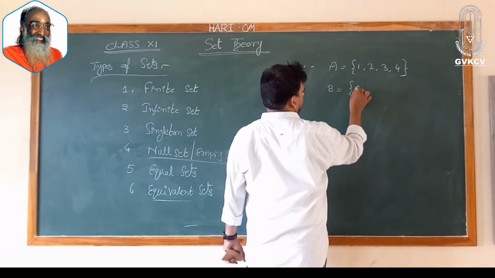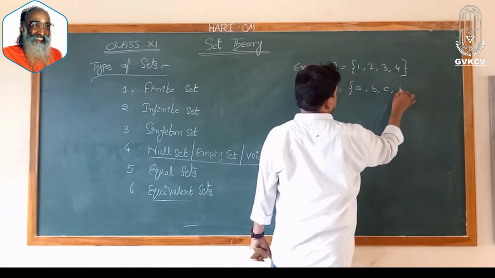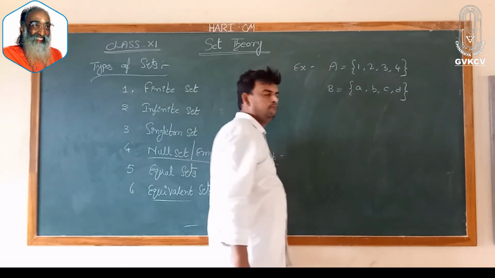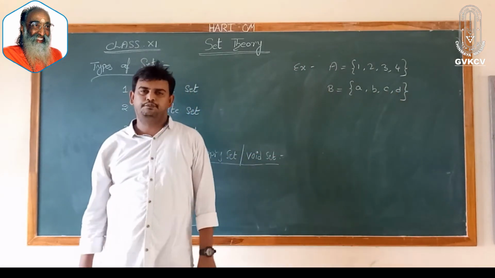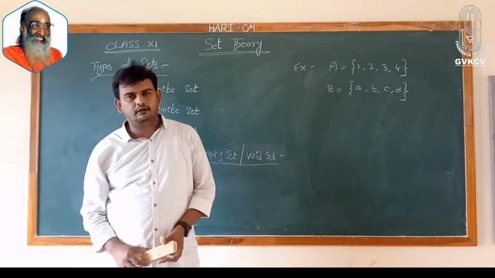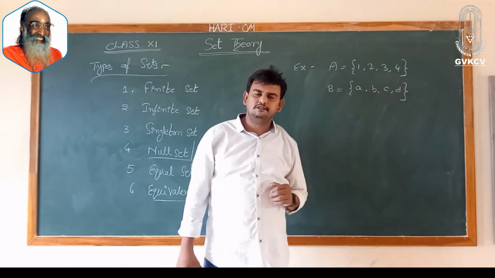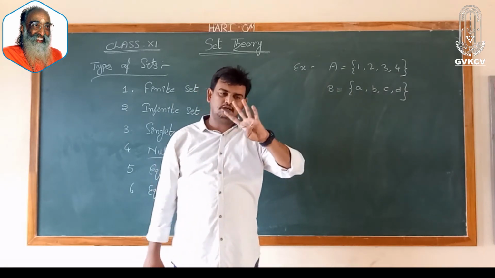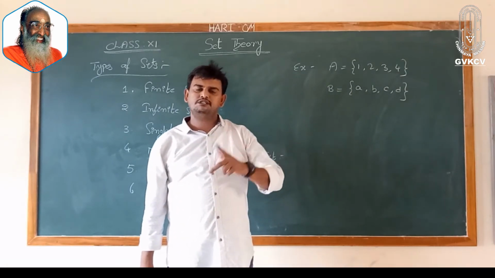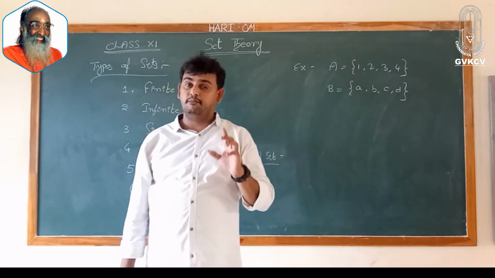B is equal to {a, b, c, d}. Now you observe this. How are they? Set A consists of 4 elements. Set B also consists of 4 elements. Both sets are having the same number of elements.